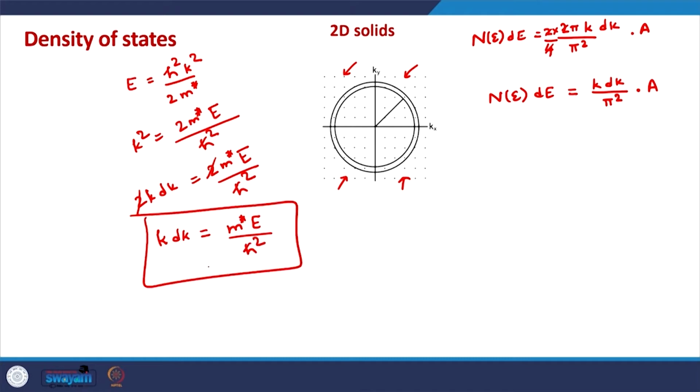So, if we put this value there, the total number of electronic states in the energy range as a function of energy would be m star dE divided by h bar square times A. This left hand side is the total number of electronic states in the system.